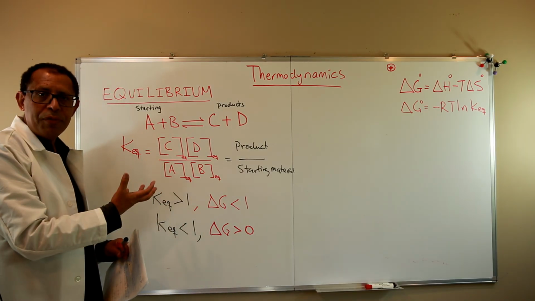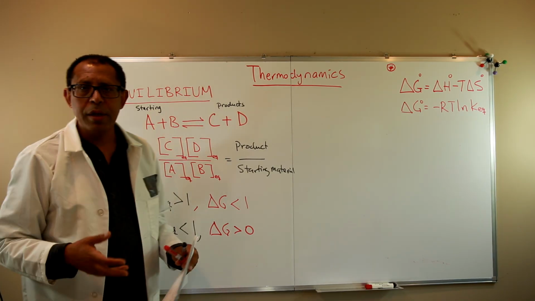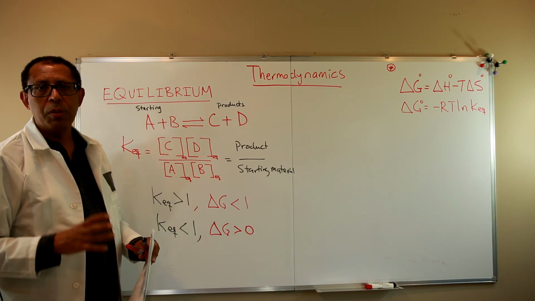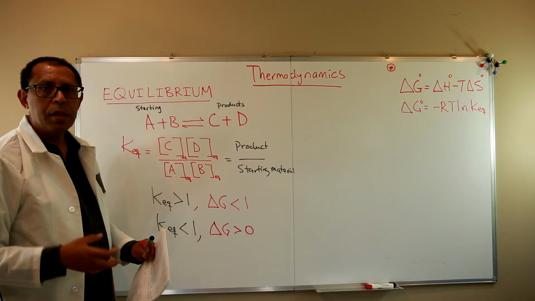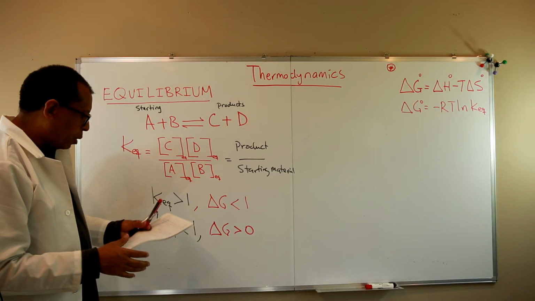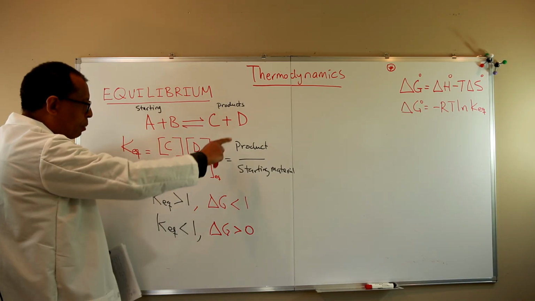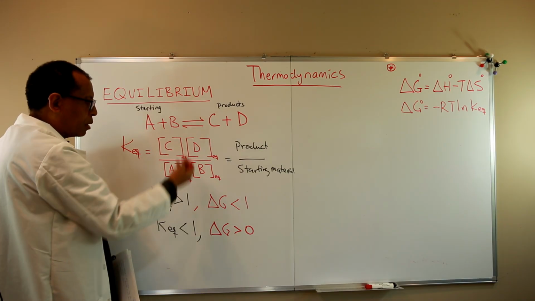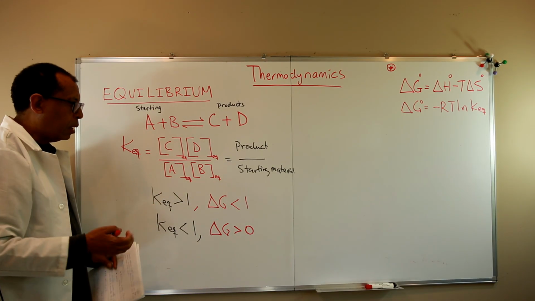But how much of the starting material would be converted to product is a thermodynamic or equilibrium situation. From equilibrium equations, we would be able to calculate how much product is formed. So if the products are favored, delta G is less than 0 and K is greater than 1.